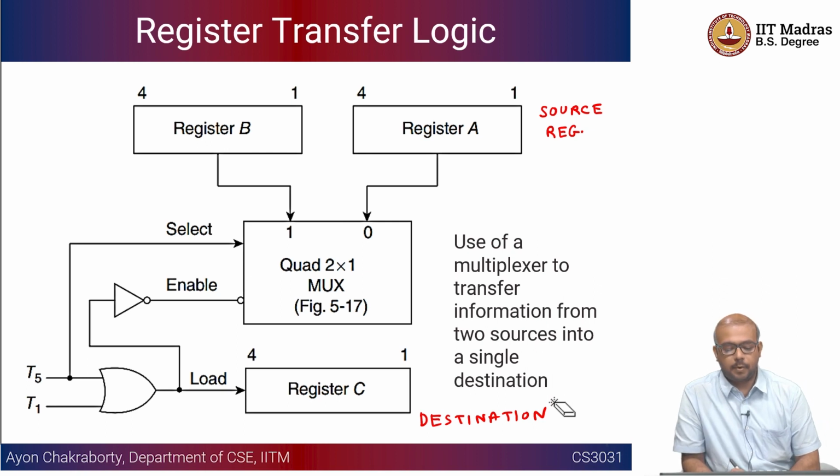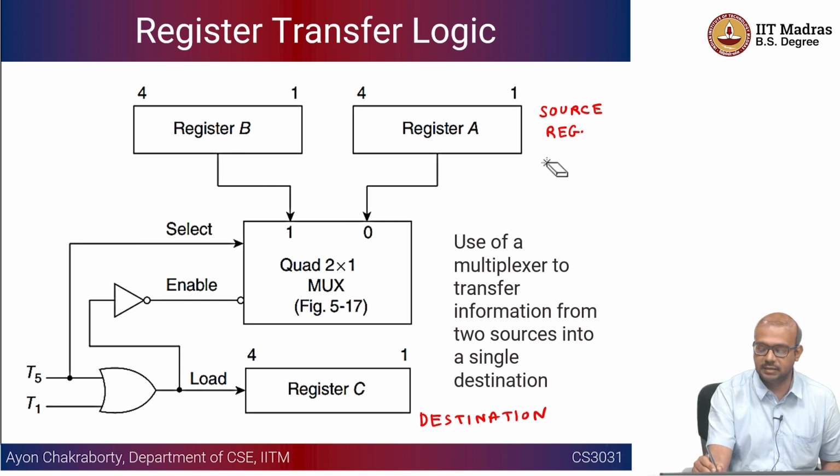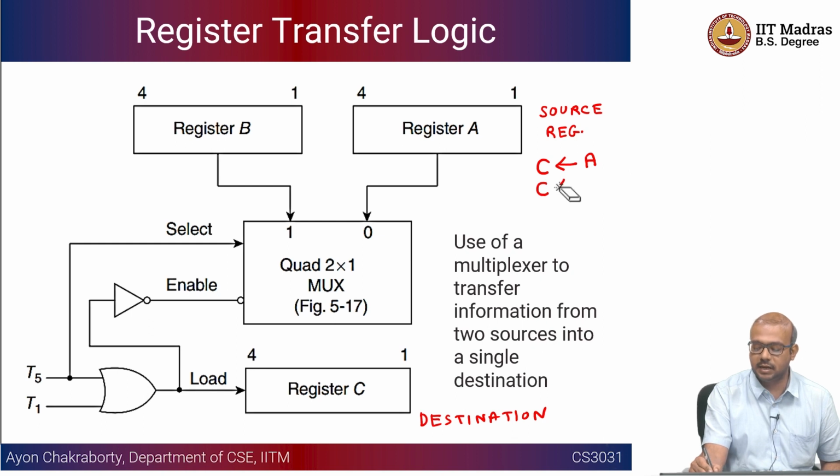The problem here is that I want to do either a register transfer B to C, or a register transfer A to C. So how can this be written in terms of RTL? Here RTL stands for register transfer logic. This could be written as C, my destination, gets loaded by A. This is one option. Or C gets loaded by B.